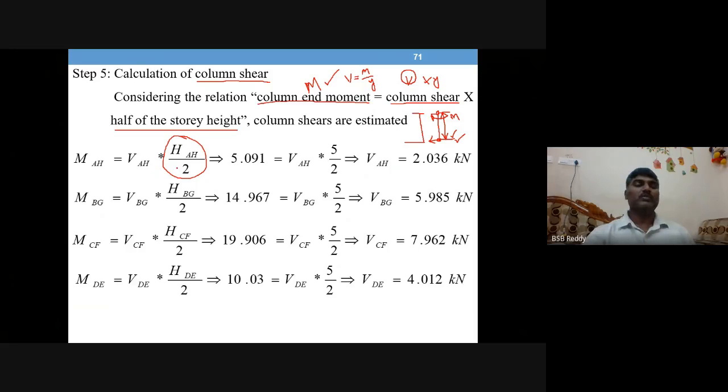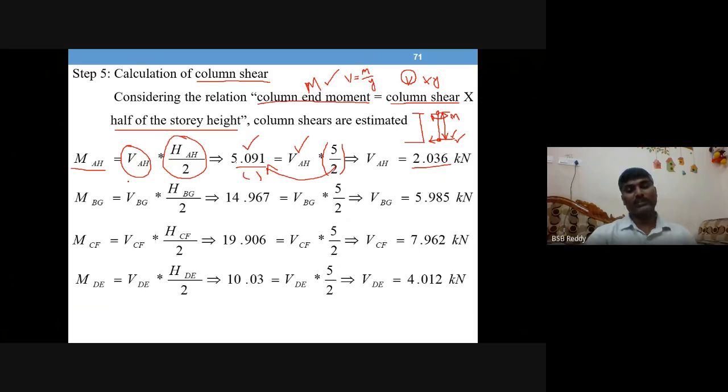Half of the column height multiplied by shear force is equal to moment. Now we have substituted the M value and half of the column height, this divided by this, and that will give you the shear value, and that is this one.